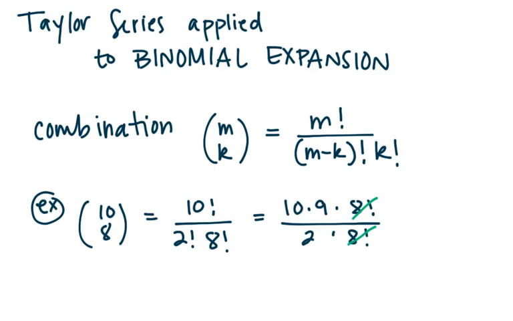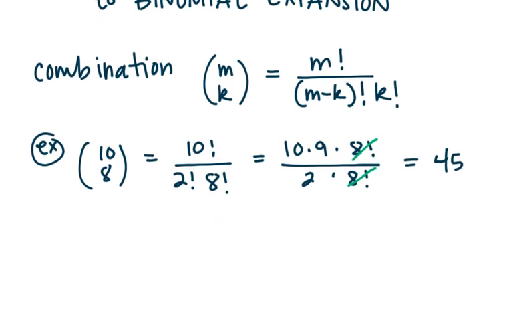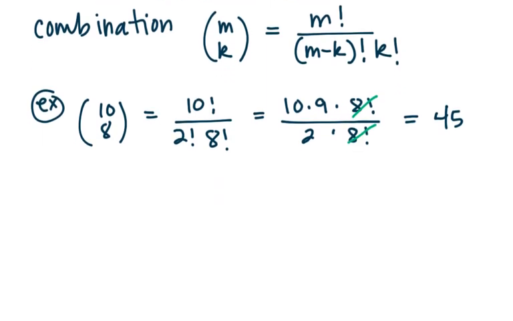So we can see those cancel, and end up with 90 over 2, which is 45. So that's the essence of this combination here. And the reason I'm showing you that is because it shows up in our definition for the binomial series.